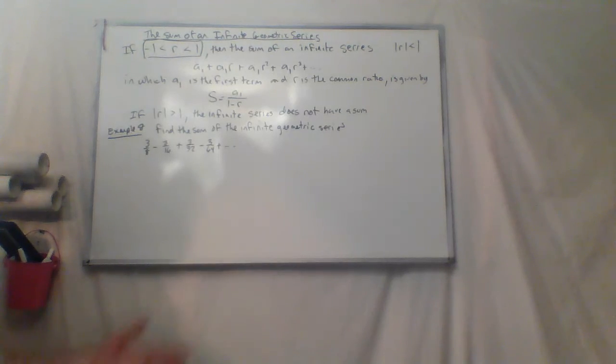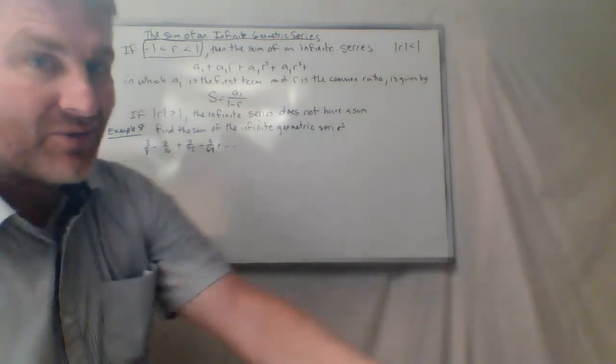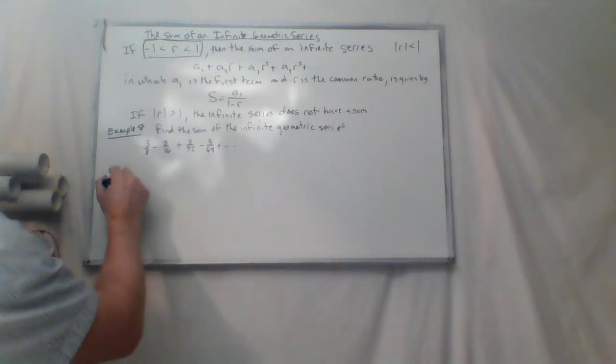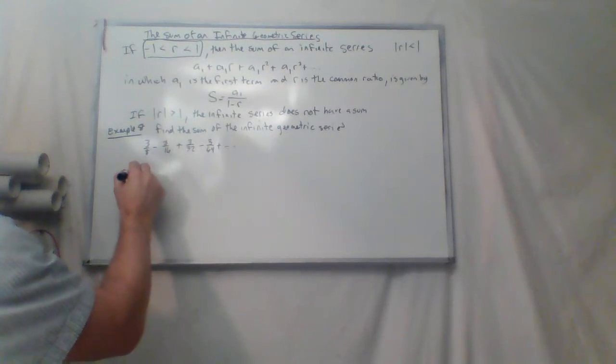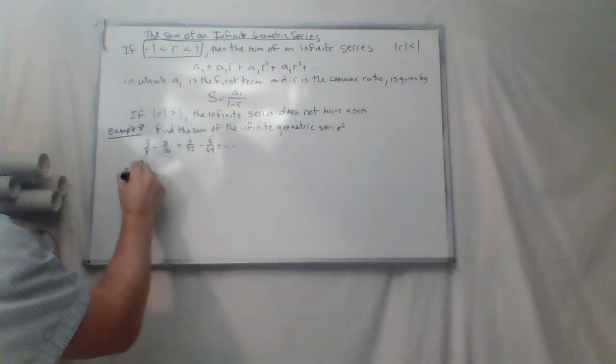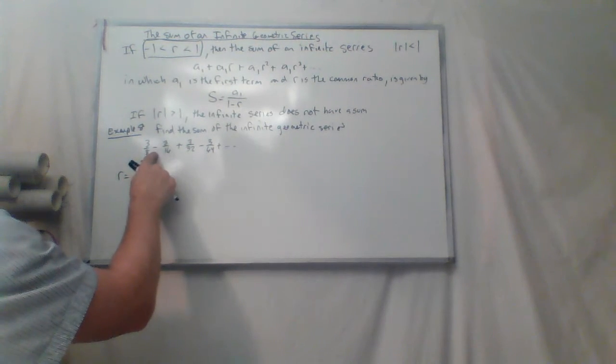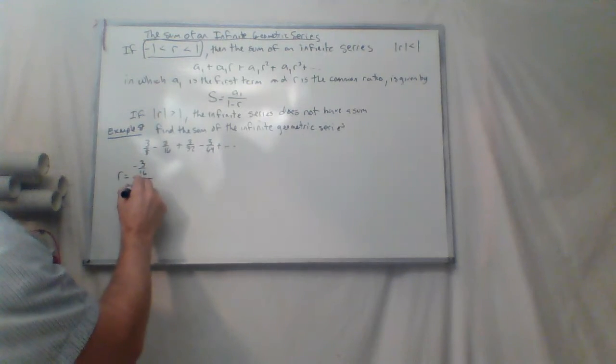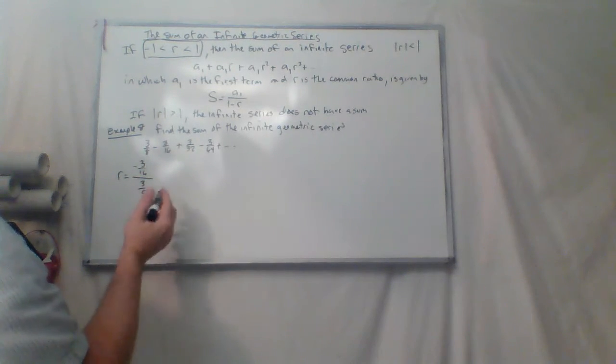First they tell me it's a geometric series. So to find r, what do you multiply this by to get this? Well, we can go second term, which is negative 3/16, because what are you adding? A negative 3/16. And you're dividing it by 3/8.